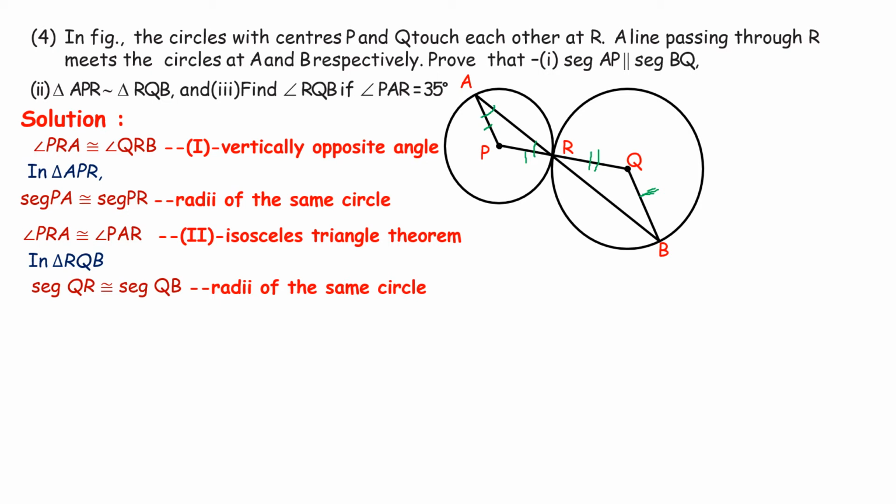Therefore, these two angles, angle QRB is congruent to angle QBR. Write down the reason. Third statement, isosceles triangle theorem.